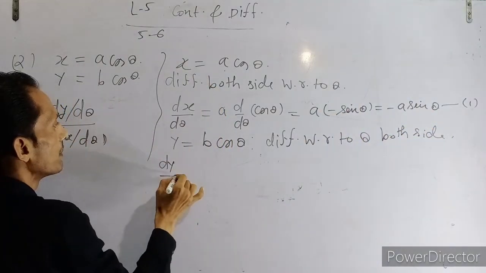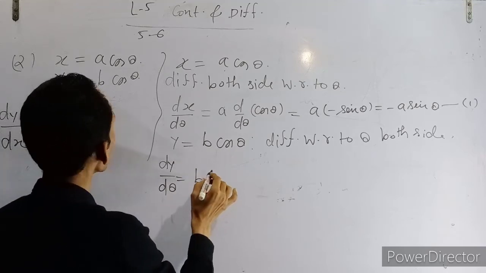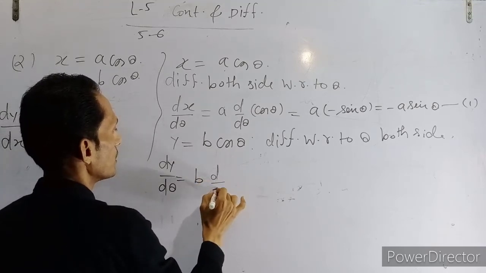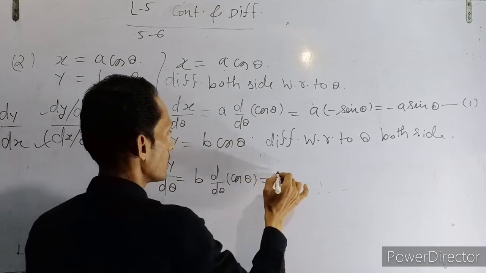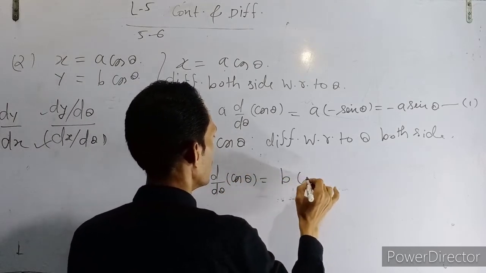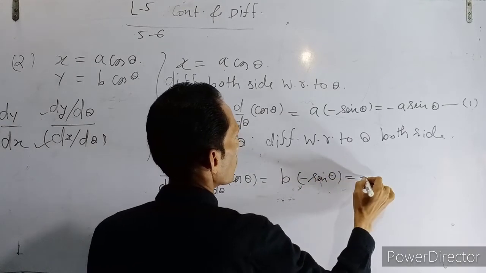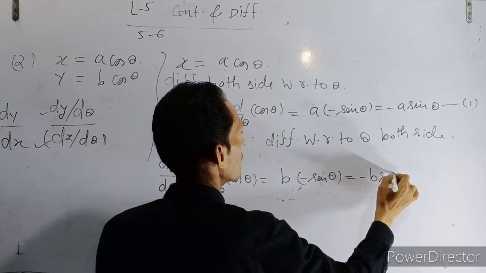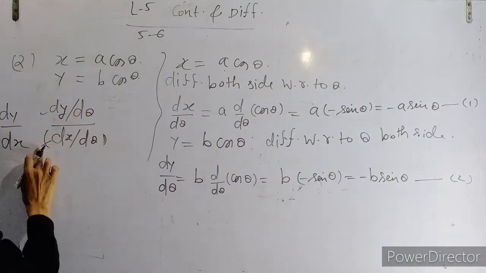So dy by d theta, b is the constant, d/d theta of cos theta, which is minus sin theta. So you can write minus b sin theta, equation number 2. From 1 and 2 you can put the values here.